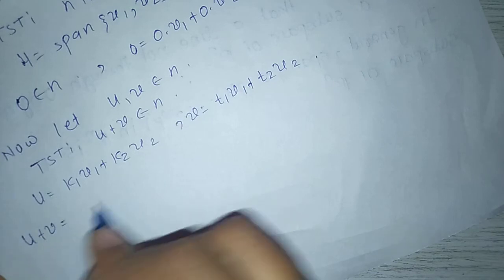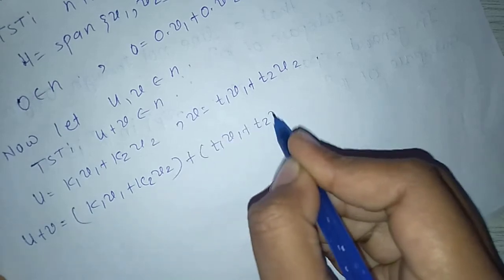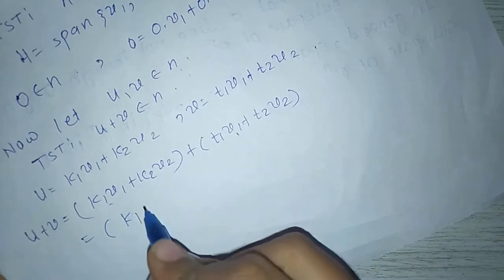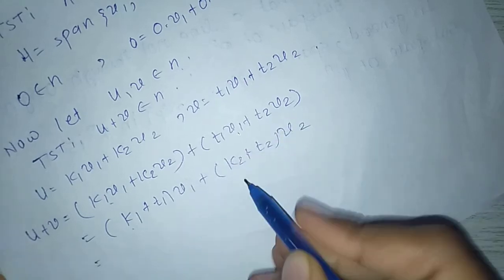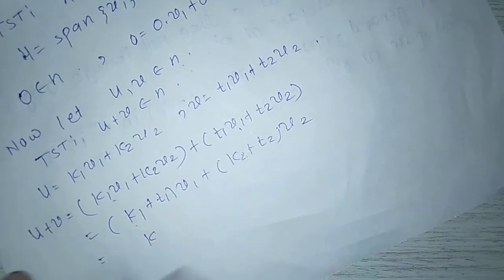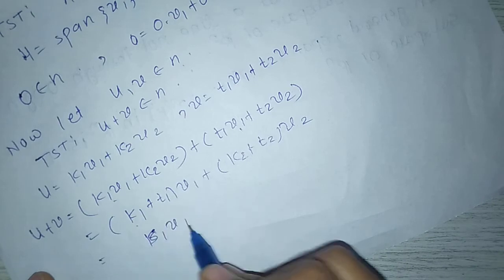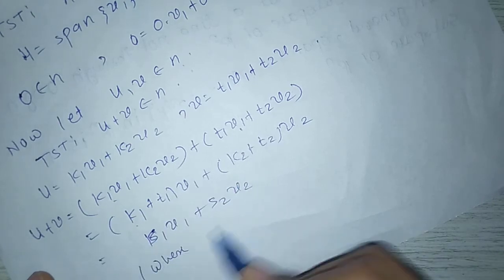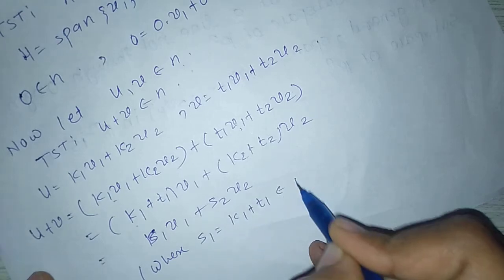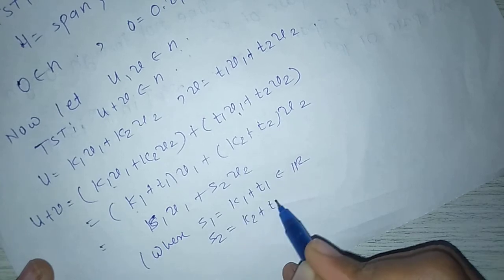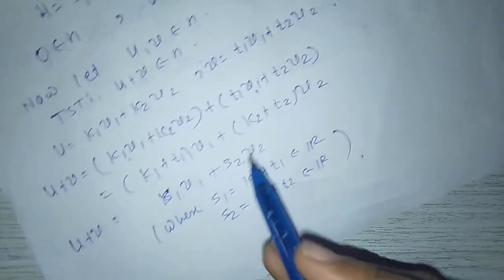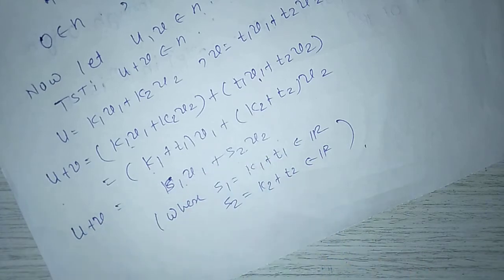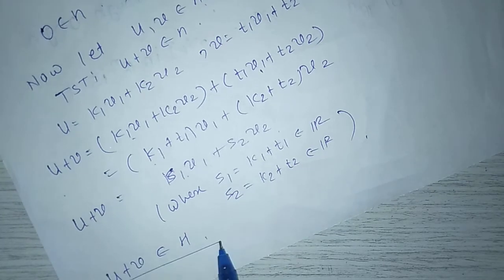Now u plus v equal to k1 v1 plus k2 v2 plus t1 v1 plus t2 v2, equal to (k1 plus t1) v1 plus (k2 plus t2) v2. k1, t1, k2, t2 are scalars, so their addition is also a scalar. So u plus v equal to s1 v1 plus s2 v2, where s1 equal to k1 plus t1 belongs to R and s2 equal to k2 plus t2 belongs to R. U plus v equal to s1 v1 plus s2 v2 means u plus v is in the linear combination of v1, v2. That means u plus v belongs to H.